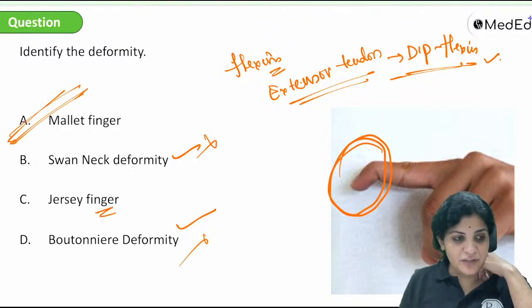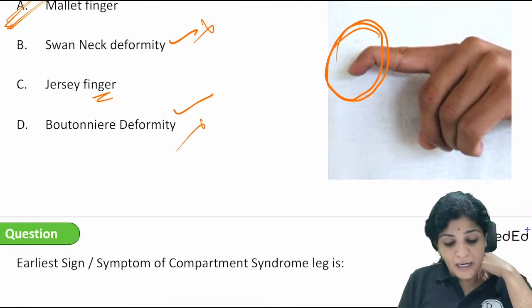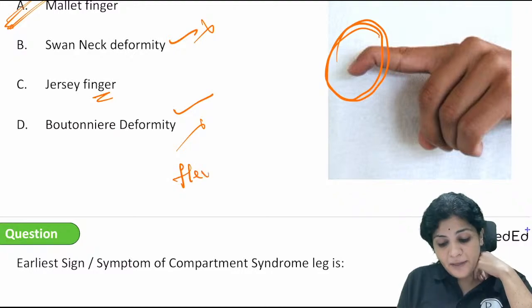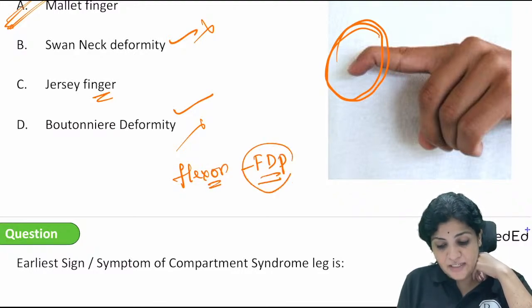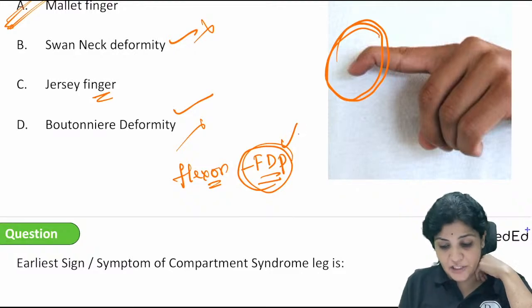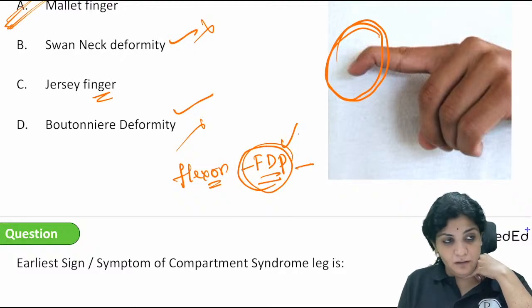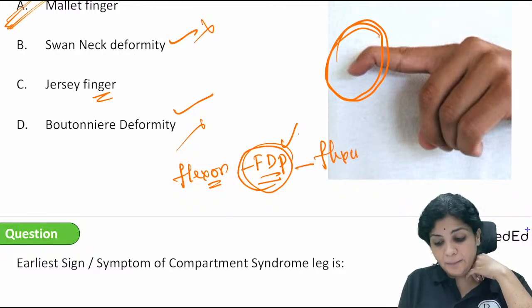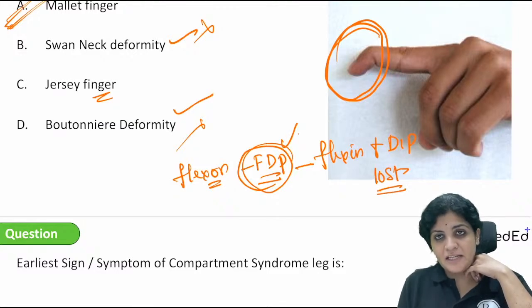And what is a jersey finger? A jersey finger is one where there is damage to the flexor. So the FDP, the flexor digitorum profundus, is damaged. So flexion of the DIP is lost. So that is jersey finger.